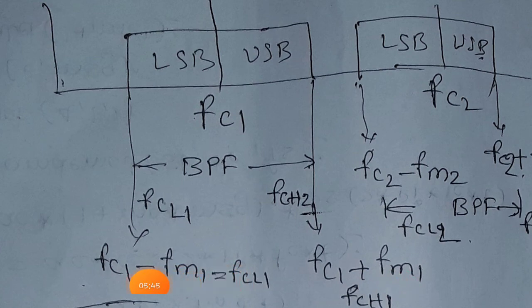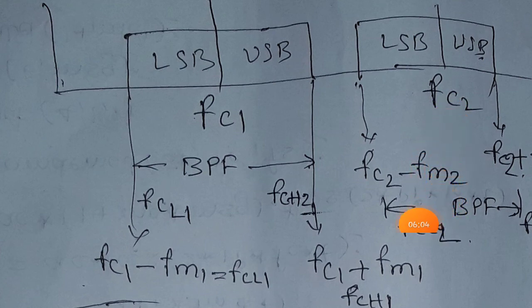So lower cutoff frequency and upper cutoff frequency you have to select in this way. Then we can separate DSBSC1 from the FDM.